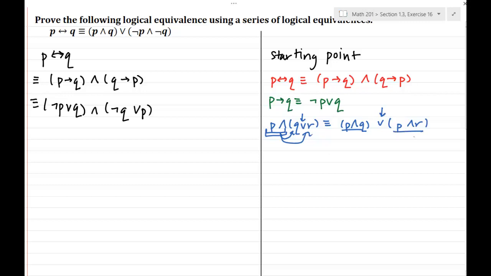It doesn't matter as long as you do it correctly. So I'm going to take not P or Q, apply it to not Q, and apply it to P, and put an or between.